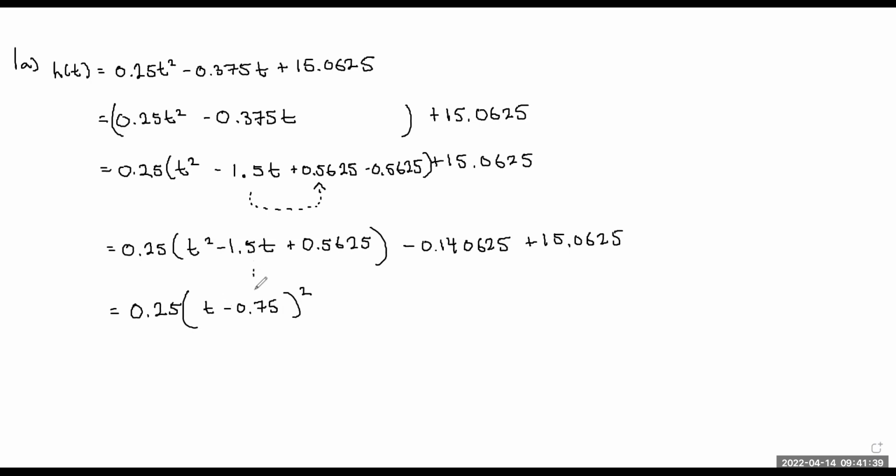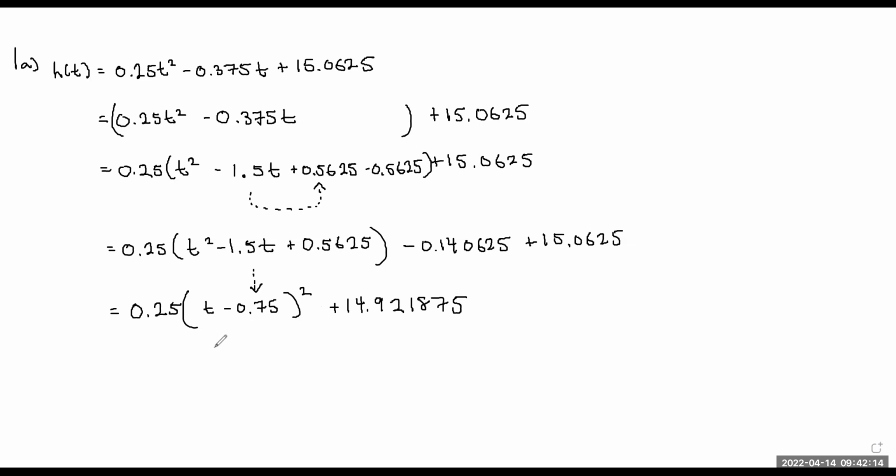Remember, if you're having trouble figuring out how to go from this line to this line, it's that b value divided by 2. That's a trick. Because if you have this divided by 2, negative 0.75 plus itself will give you negative 1.5. Negative 0.75 times itself will give you the c value. So let me just finish this off before I make a quick comment. Oh, that's a positive. Okay.